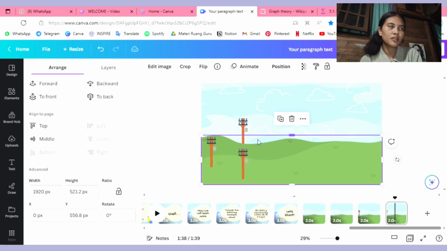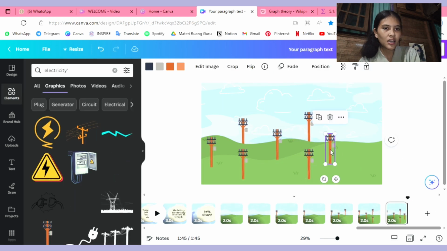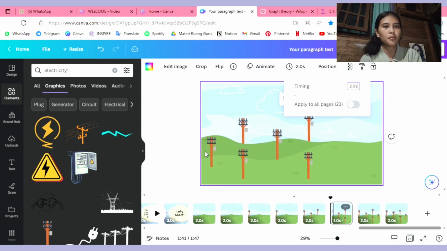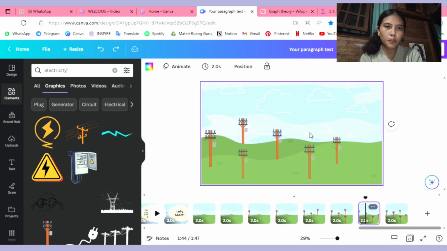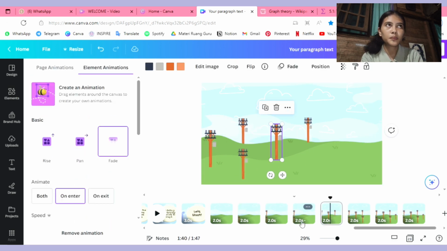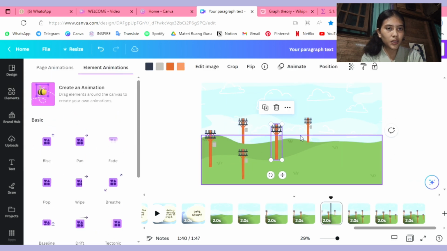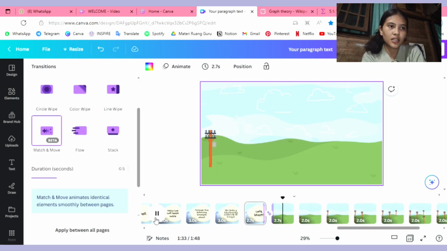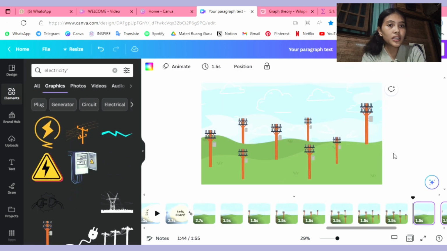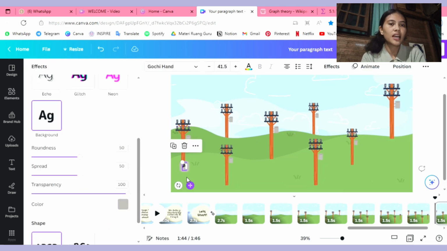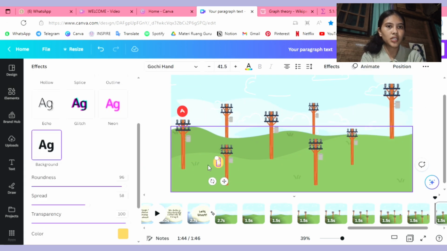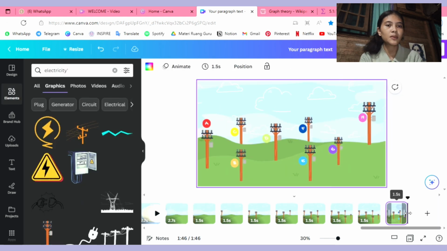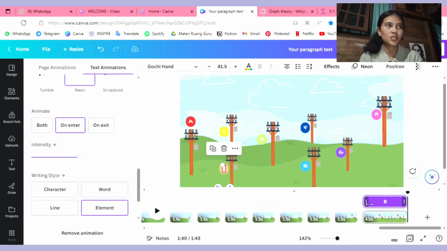And then in this process, I added many texts with information about the topic, the explanation about graph theory and others. And then after that, I made the modeling graph illustration with electricity poles.